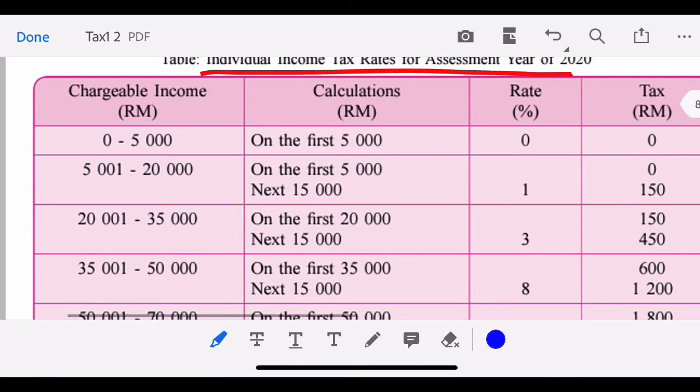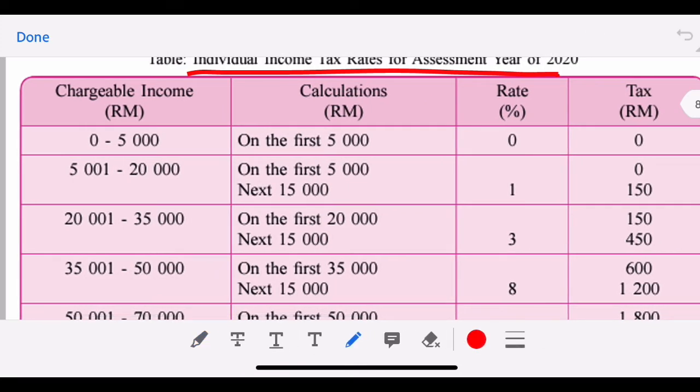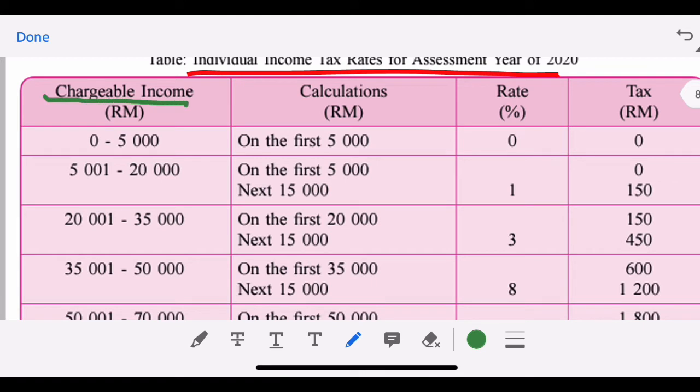Let's study this table. The chargeable income in ringgit Malaysia, 0 to 5,000. Calculation on the first 5,000 is zero rate. That means if somebody has income within 0 to 5,000, he or she need not pay any tax. It's zero.